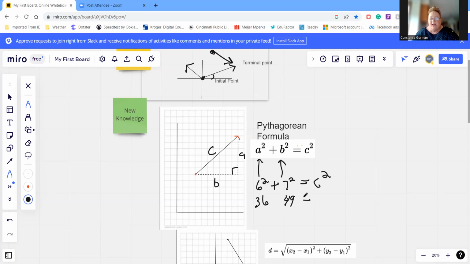We'll add those two values together, which is 85. But remember, that equals C squared, and we need C, not C squared. So to get C, all we have to do is take the square root of both sides. So we'll take the square root of both sides, and now C equals the square root of 85.